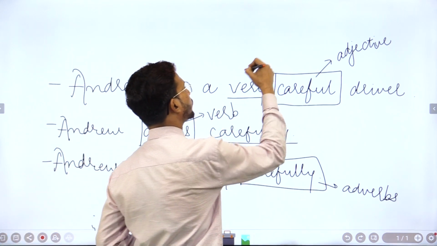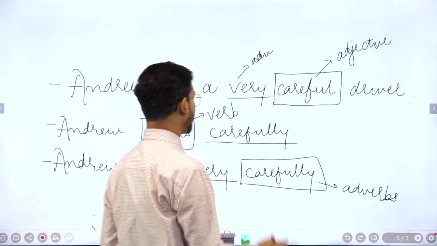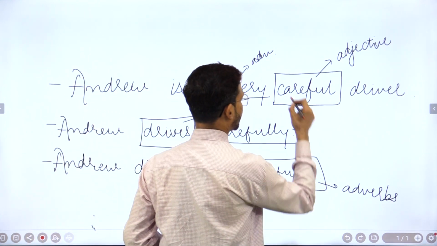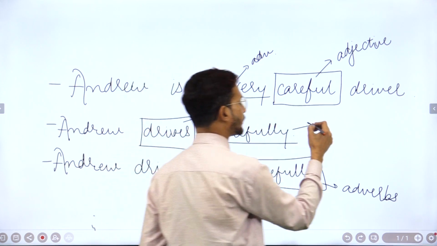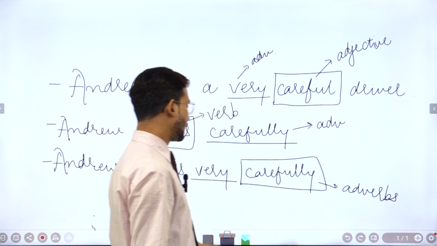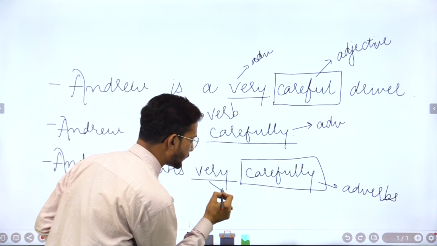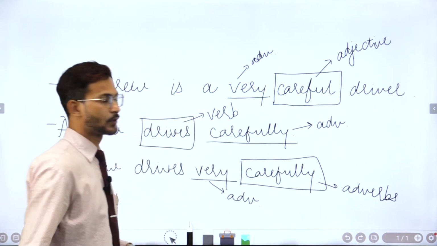I already told you the words which are underlined are adverbs in these sentences. In the first sentence we have the word very, which is an adverb. In the second sentence we have the underlined word carefully, which is an adverb. And in the third sentence we have the underlined word very again, which is also an adverb.